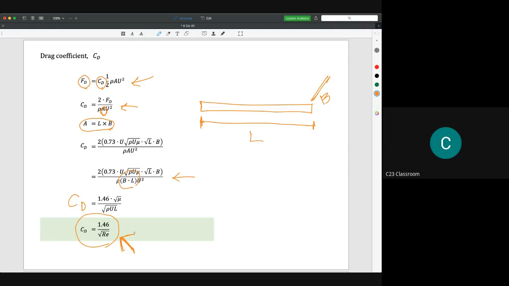Normally, if you want to check whether your CD is correct or not, you need to show it in terms of the Reynolds number. Previously I already mentioned that the Reynolds number is the way we reflect the velocity with a dimensionless term.